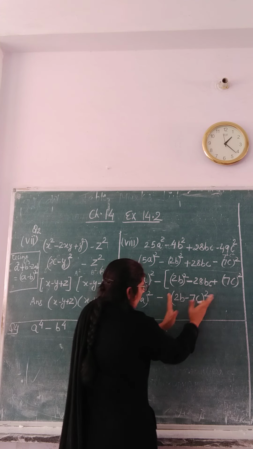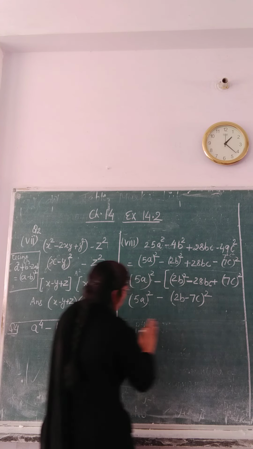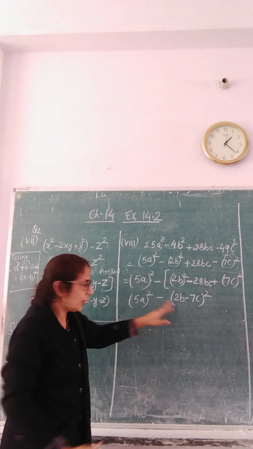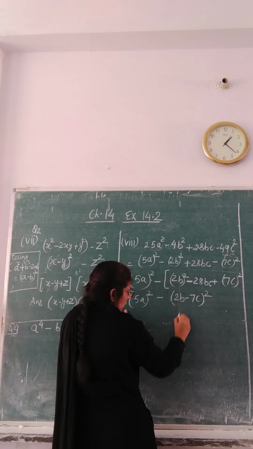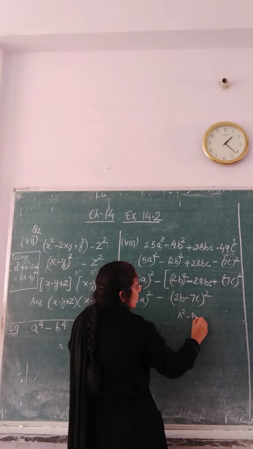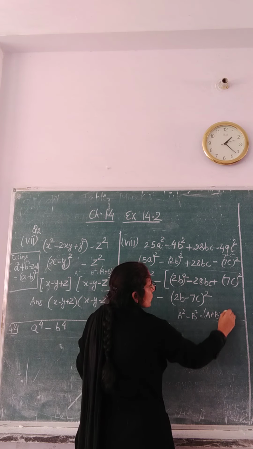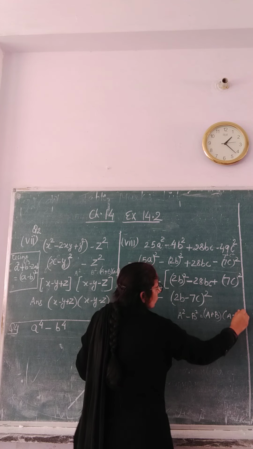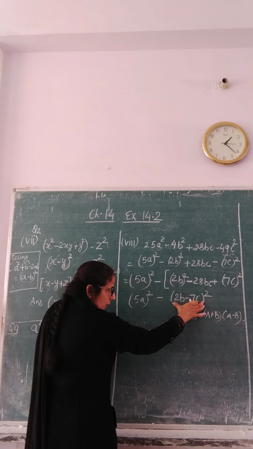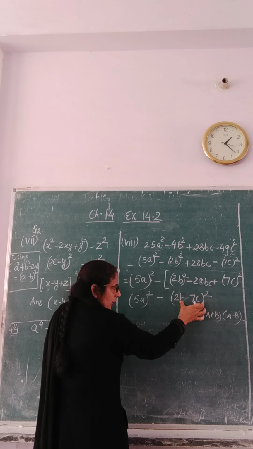Something square minus other thing square. It means now I will have to apply the formula a square minus b square is equal to a plus b into a minus b. So first 5a plus this thing, then 5a minus this thing.